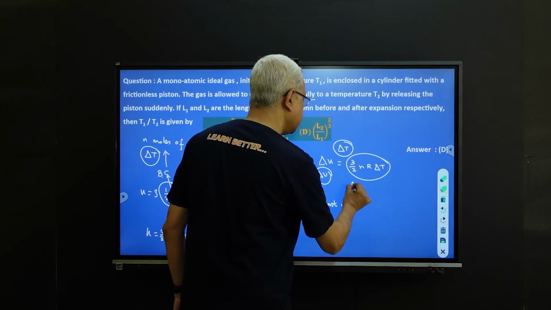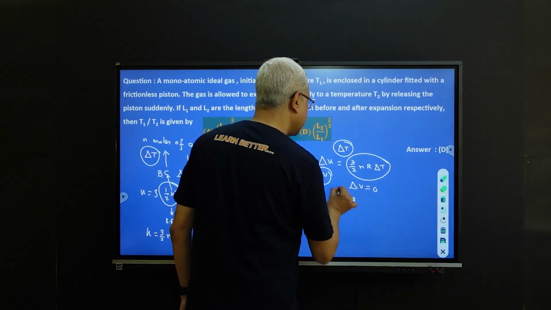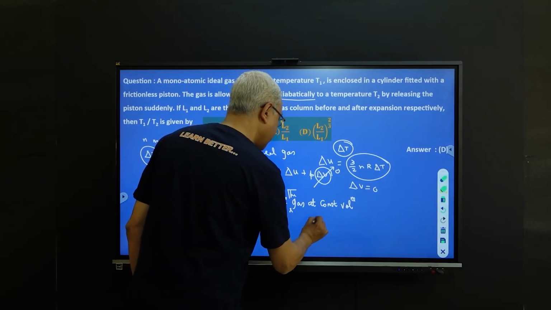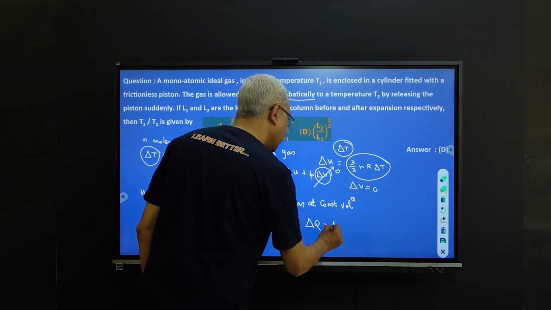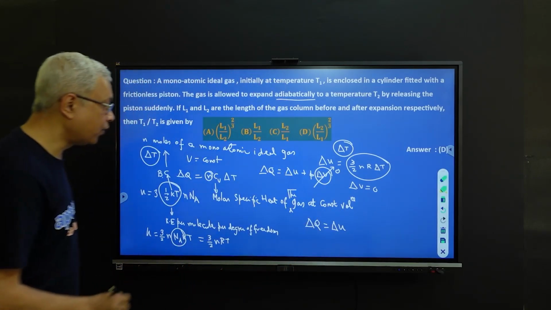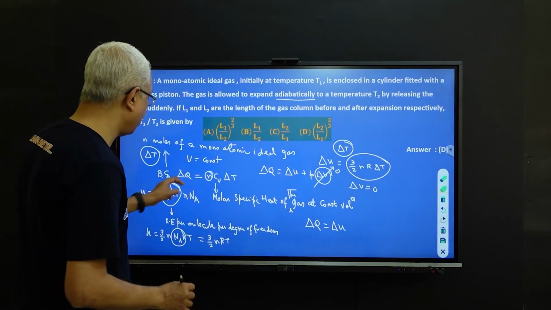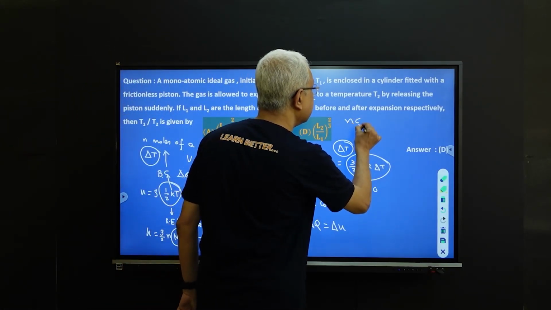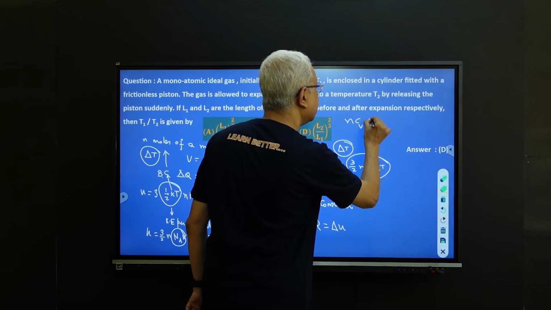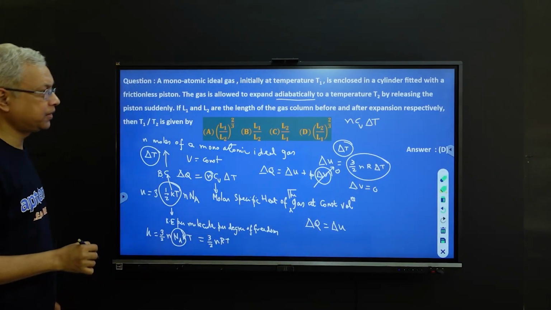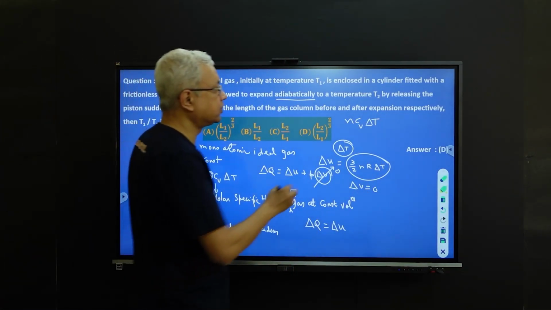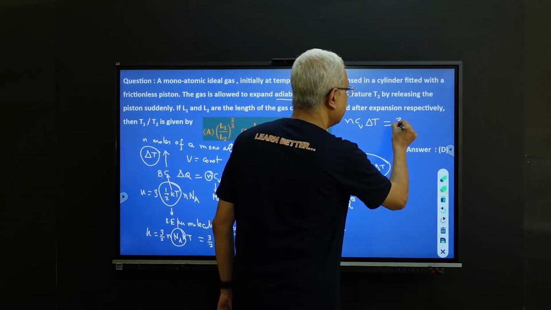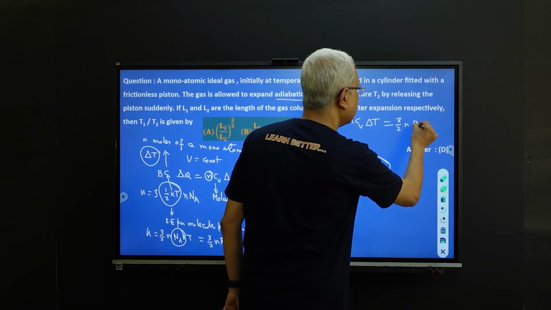So delta V is 0. Therefore this quantity is 0. So delta Q is equal to delta U. Therefore delta Q we have already calculated, n Cv delta T. So n Cv delta T, Cv is the molar specific heat of the gas at constant volume, is equal to 3 by 2 nR delta T.